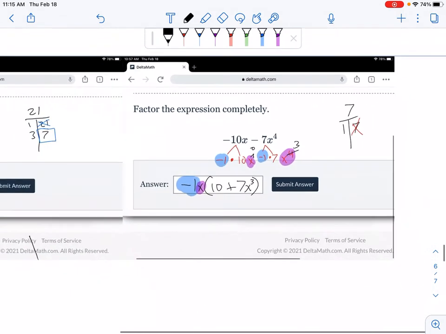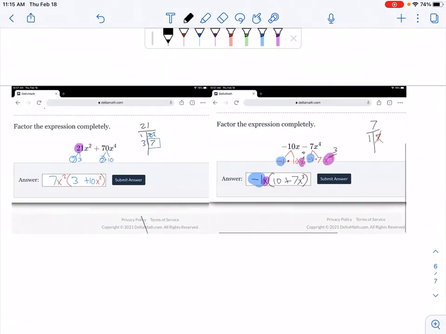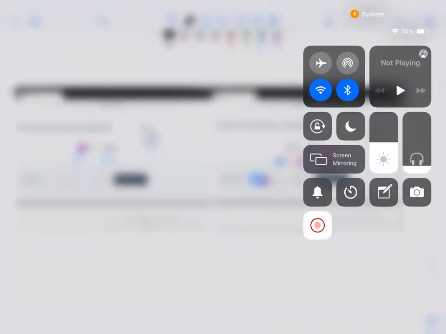So that is just a new strategy that you could use when finding the greatest common factor. You find it, and then you split the number into the greatest common factor times whatever is left over to make that, and then you scratch them out, and you use those for your answer.